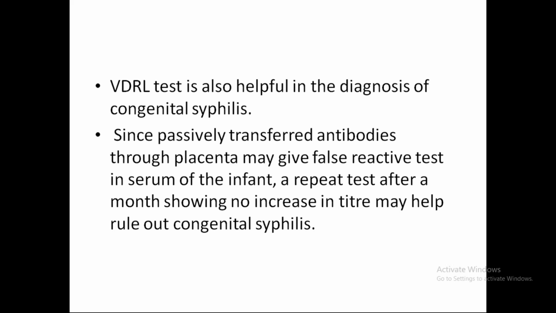The VDRL test is also useful in the diagnosis of congenital syphilis. Since passively transferred antibodies through the placenta may give a false reactive test in the serum of an infant, a repeat test after a month showing no increase in the titre may rule out congenital syphilis.